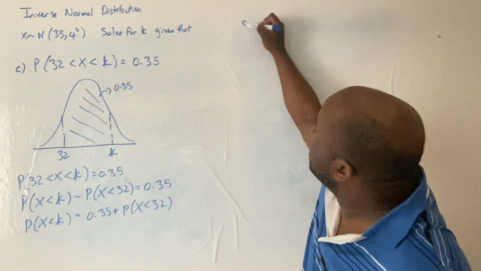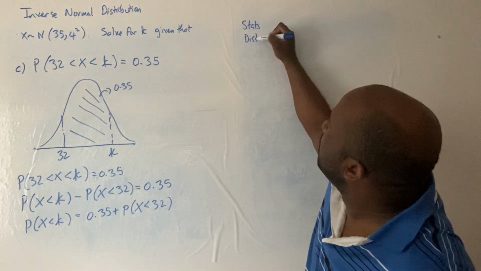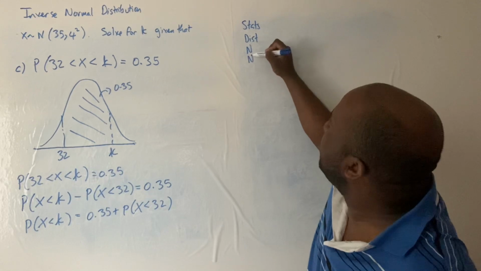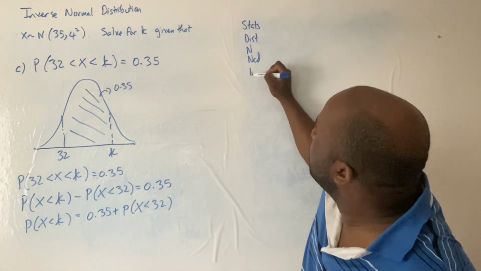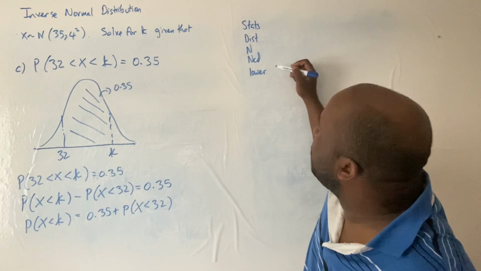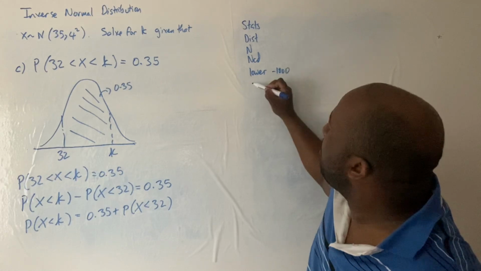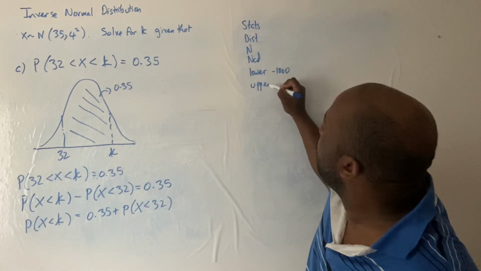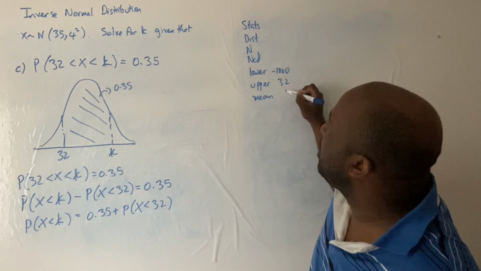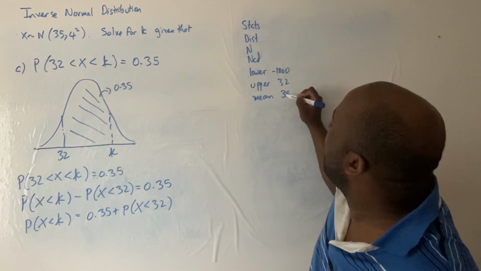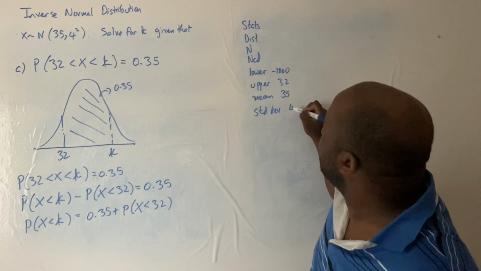So I would go to statistics, distribution, choose normal, NCD. My lower is going to be an arbitrarily small number, so minus 1,000. My upper would be 32. My mean is going to be 35, and my standard deviation is going to be 4.